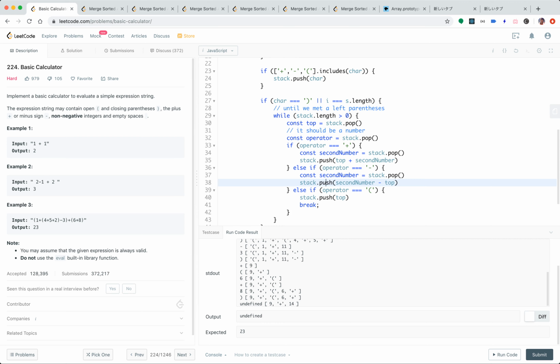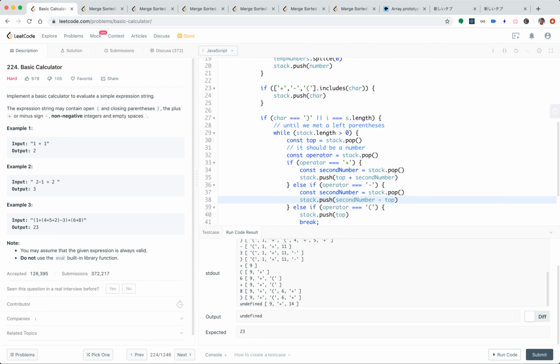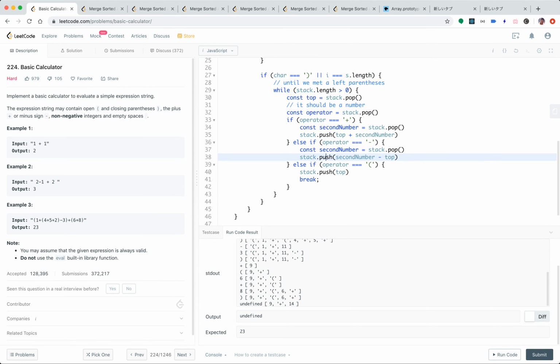Yeah, it is undefined, but we don't do anything. So finally we got top, and we pushed back, push top.